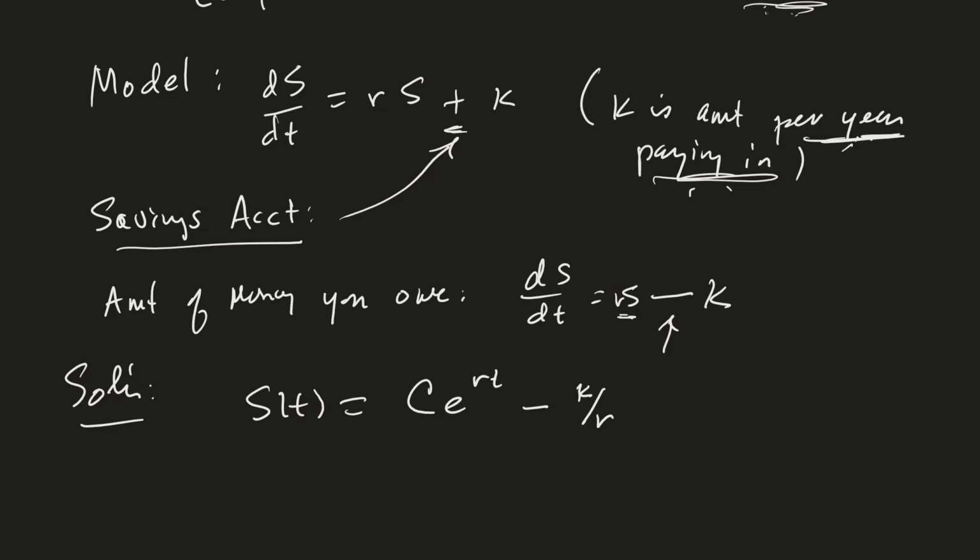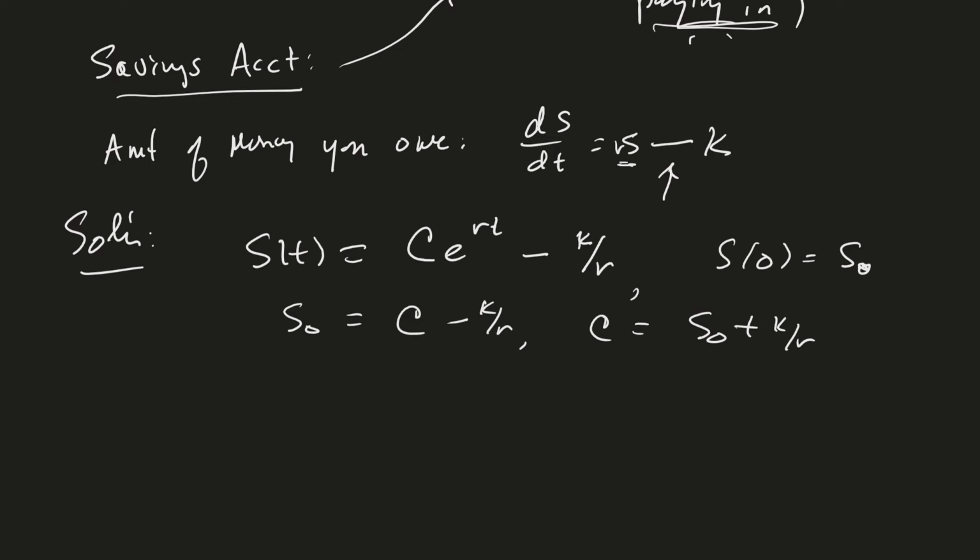Very good. Now, I should say s of 0 equals s sub 0, so could we solve for c? Then s sub 0 would be c minus k over r, or c would be s0 plus k over r.